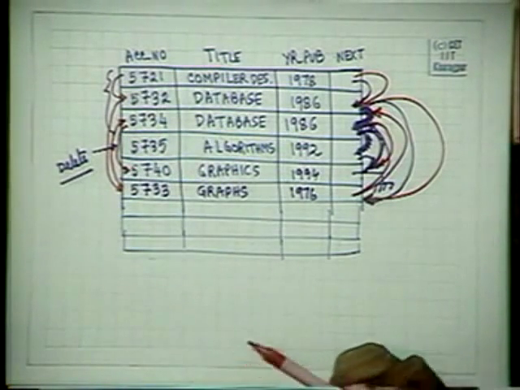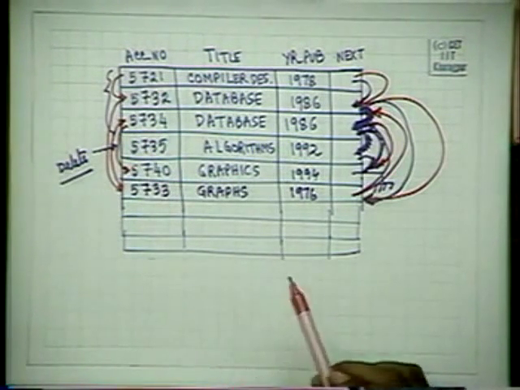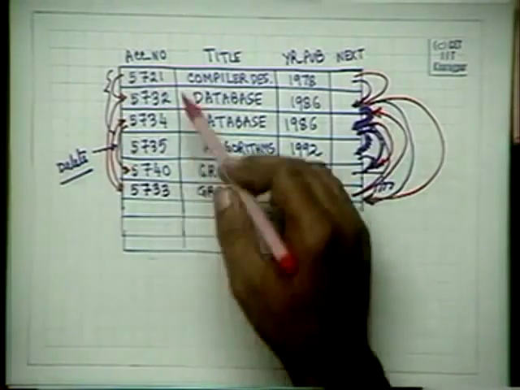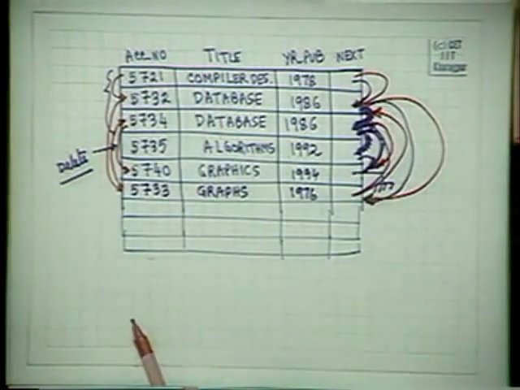The more and more insertion operations and deletion operations are performed, this structure will become more and more non-sequential in the physical sense. Logically, we are maintaining pointers to have the sequential property, but physically when you lose sequentiality, the number of block accesses will increase in the case of a search.